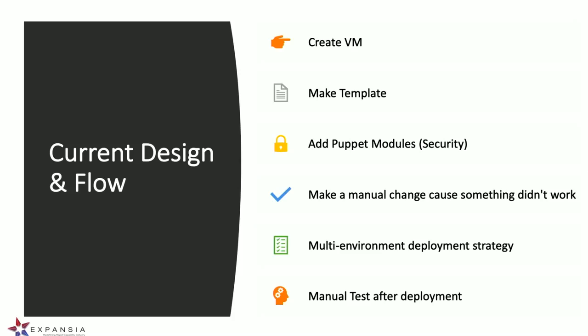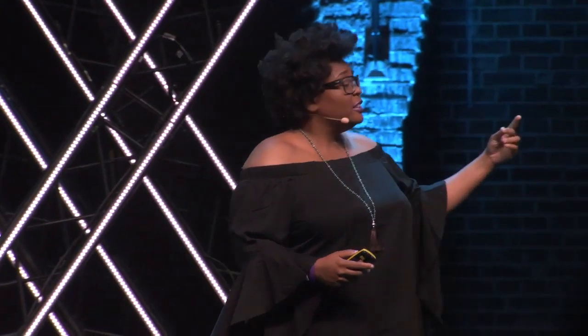We also want to get rid of the manual testing after deployment. Having the mindset of manual testing for security, manual testing for your configurations with Terraform, Vault, Consul, all those things, we want to get away from manual.